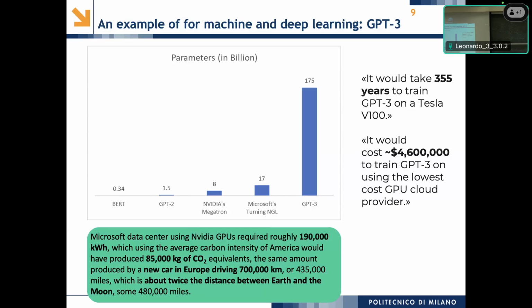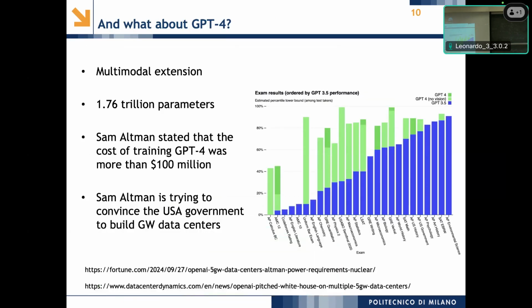Okay, and the trend is still this, because it looks like, and these are some guesses because, to the best of my knowledge, they never said how large the GPT-4 model is. But here we move from 175 billion parameters, which is GPT-3, in 4 years, to 1.76 trillion, so 10 times larger models in just 4 years.